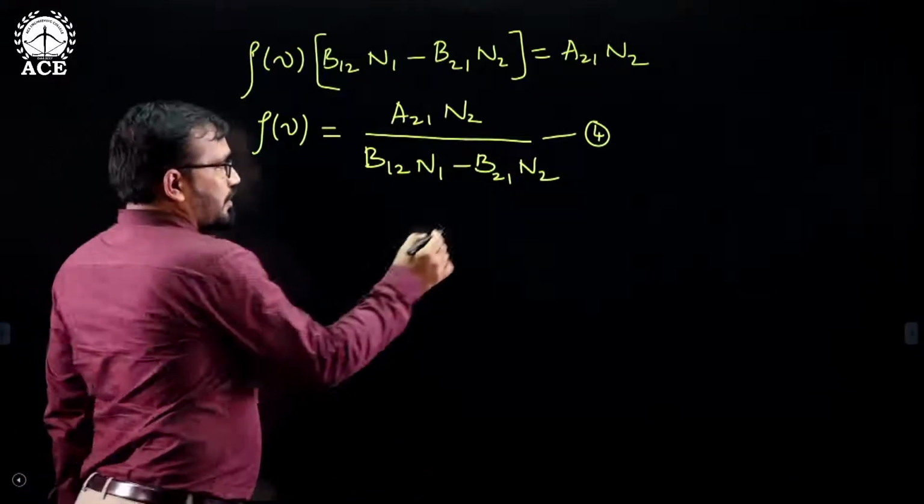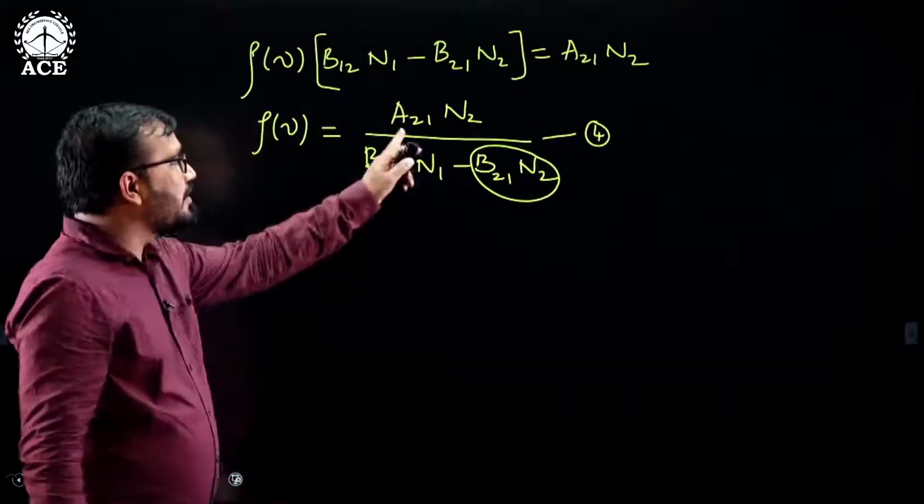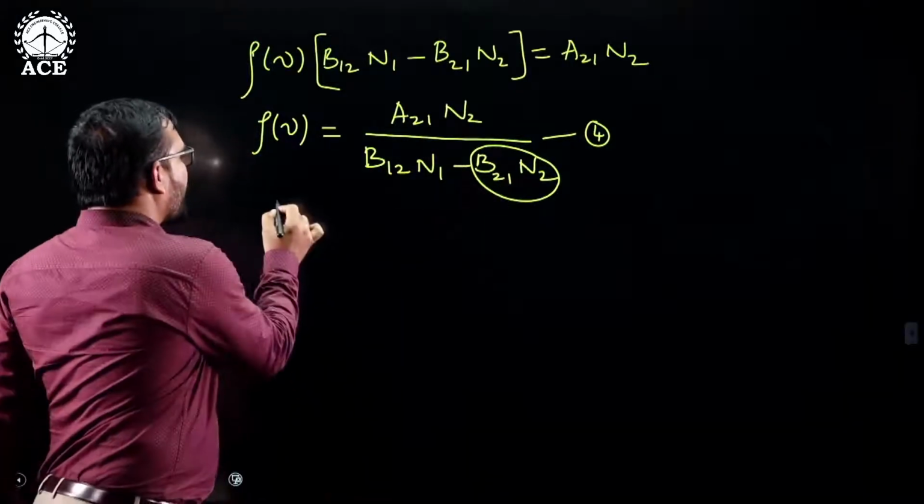Now from this equation, the term B21 N2 is there. I am dividing this equation with B21 N2. See here what I am doing.